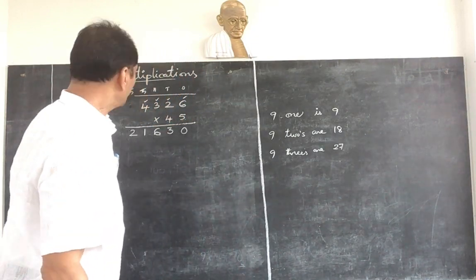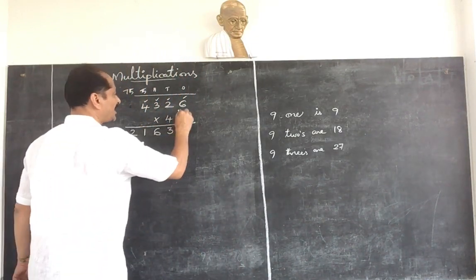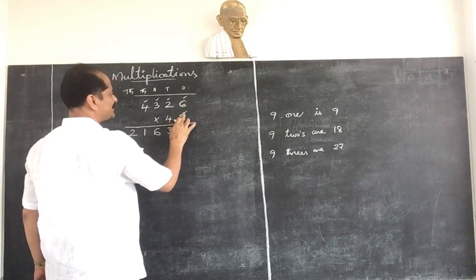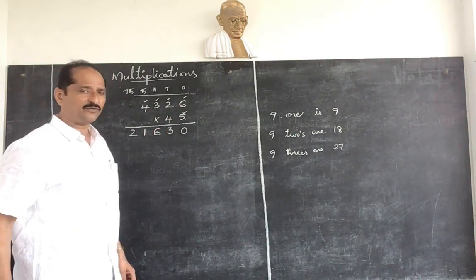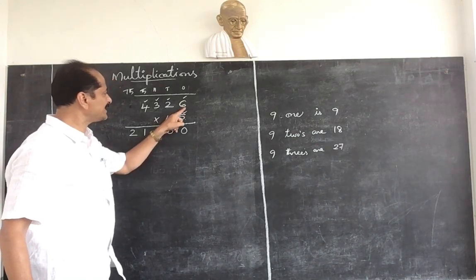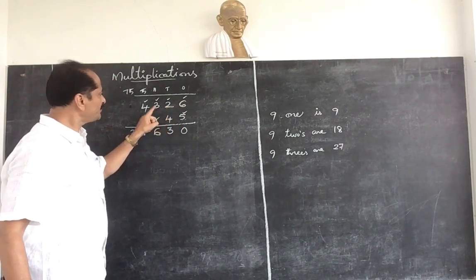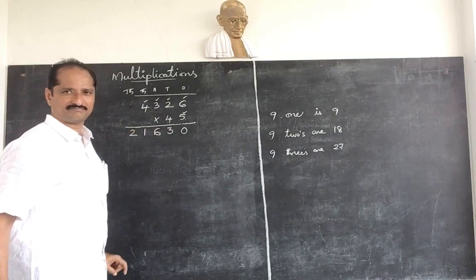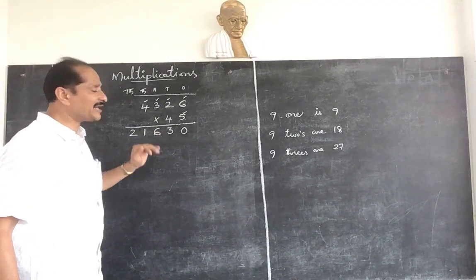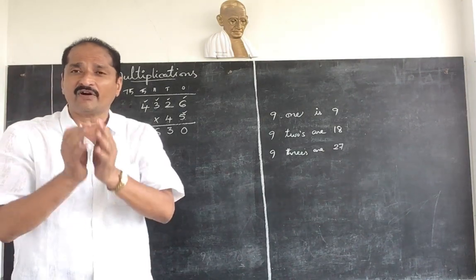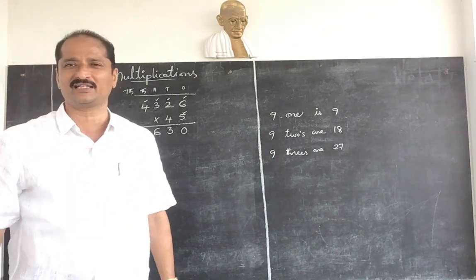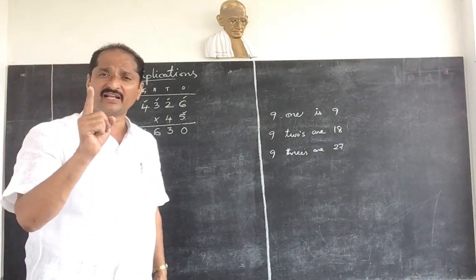Now observe carefully. Now with the 5 we have multiplied. 5 multiplied with 6, 5 with 2, 5 with 3, 5 with 4 also multiplied. Now we have to multiply 4 with 6, 4 with 2, 4 with 3, 4 with 4. Whenever you are multiplying, where we have to write down now and what we are getting now, observe carefully. This is very, very, very important.